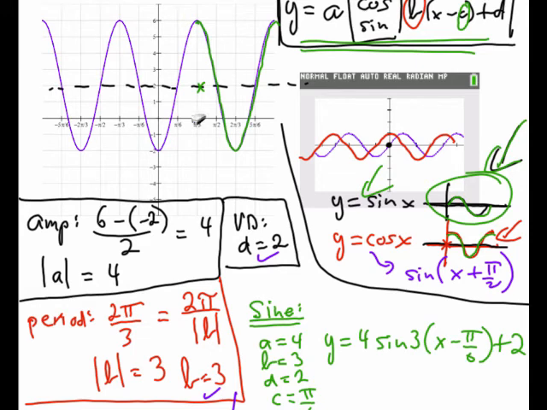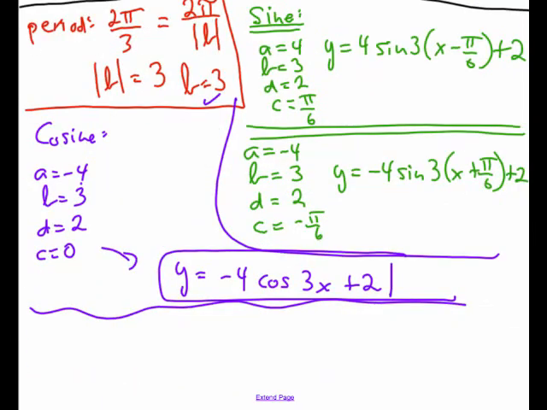But I need to put it back to my origin. My origin translated vertically is here. And so if I start with this, I have to shift this graph this far to the right to get me to where I'm at, which is pi over 3. So my horizontal translation, my phase shift, would be pi over 3.